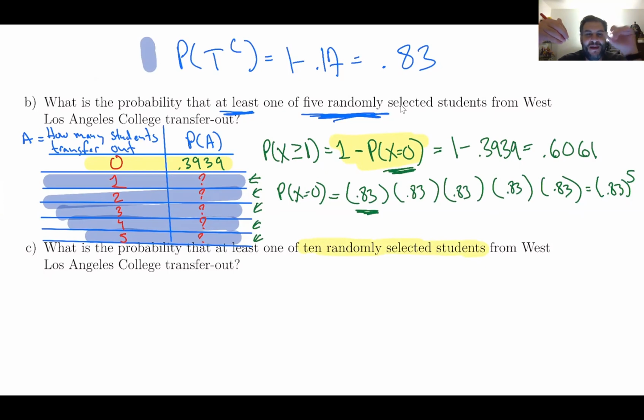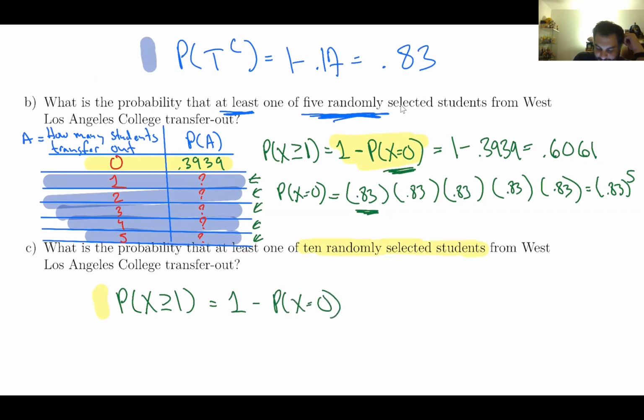We still want to find the probability that at least one of the 10 students transfers out, but we're switching it up. Instead of only 5 students that we're randomly selecting, we're going to have 10 students. So we're going to say the probability that x is greater than or equal to 1, which is equal to 1 minus the probability that x is equal to 0, which is going to equal 1 minus 0.83.